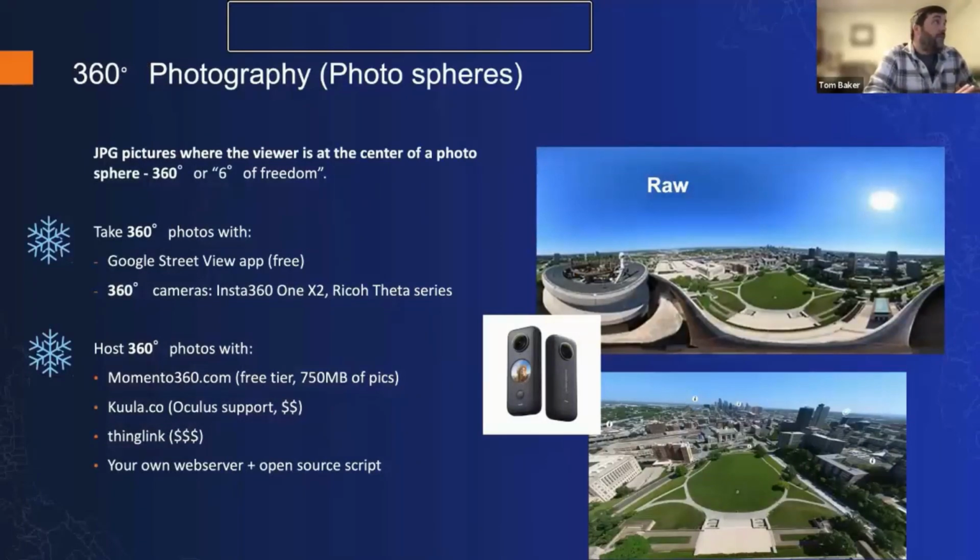For those of you that are interested in the possibility of 360 photography, a couple high-level points here for you. There is a sample of a camera, an Insta360, right in the middle of your screen. Cameras like this, like the Insta360 or the Theta, take equirectangular photographs. And in this case, the one labeled raw is an equirectangular photograph.